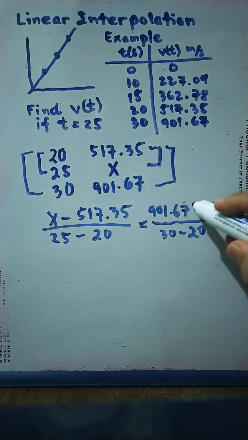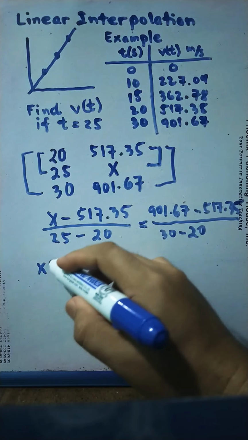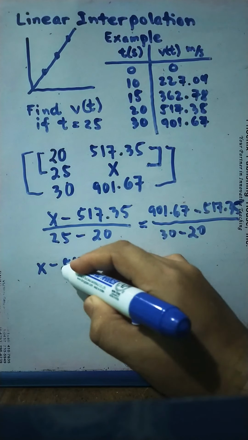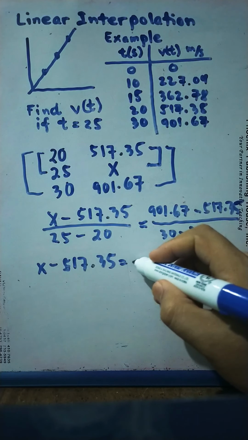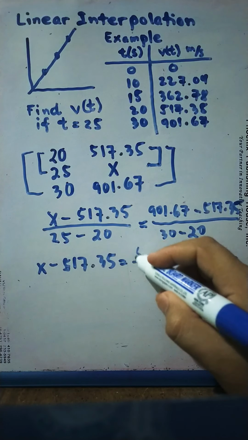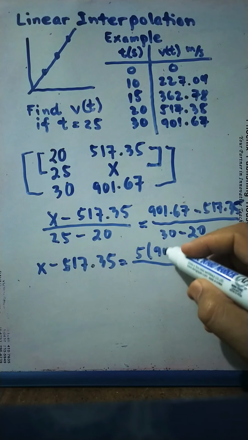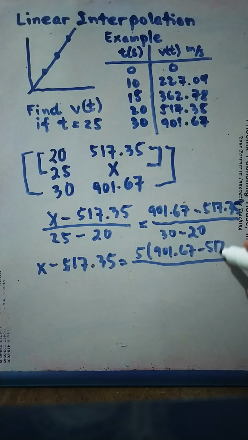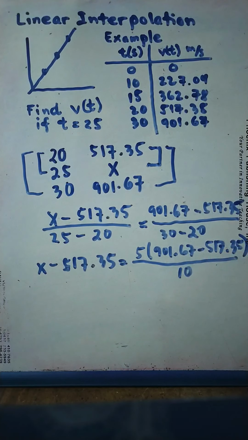The result is x minus 517.35 equals 25 minus 20, which is 5, times 901.67 minus 517.35 divided by 30 minus 20, which is 10.